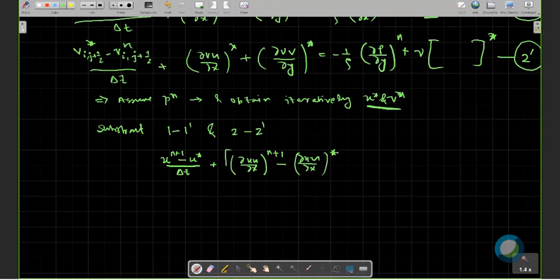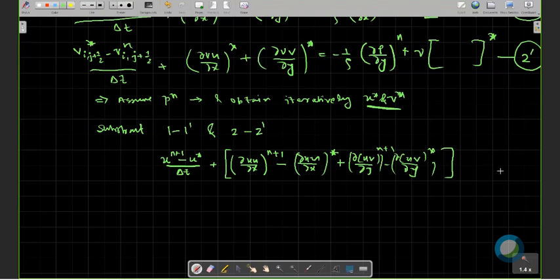Okay. Similarly, you will get del uv del y minus del uv del y, and this is n plus 1 and this is star. Likewise, you will get this term.